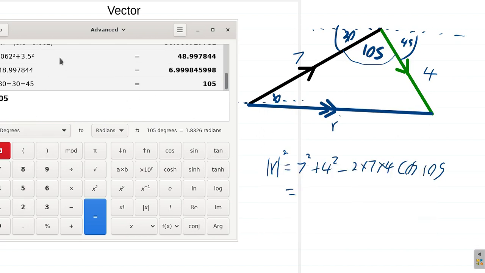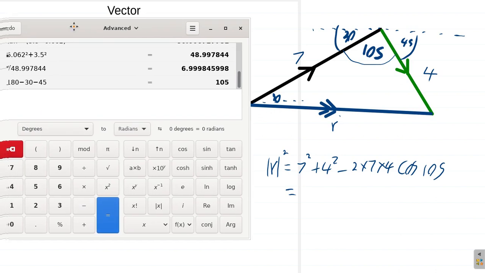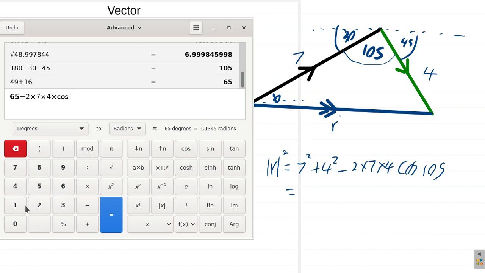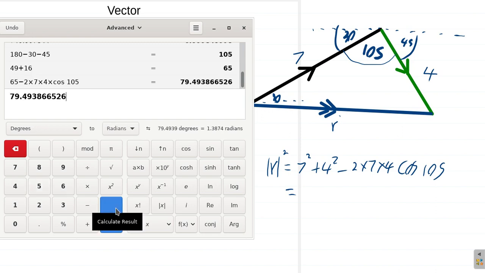So what we have, clear the calculator. 7 squared is 49, plus 16, which is 4 squared, minus 2 times 7 times 4 times the cosine of 105, equals what? 79.49.